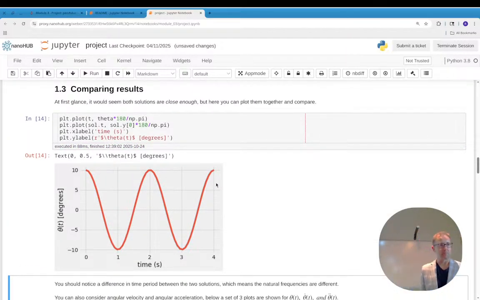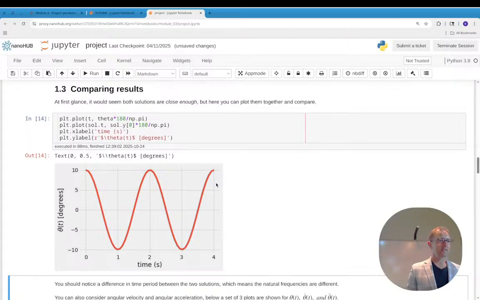Now trying to compare the two results, swinging from 10 to -10. What happened to our blue curve? This is supposed to compare blue and red. It's the same thing, right? The two lines are so close that you can't even see the difference.